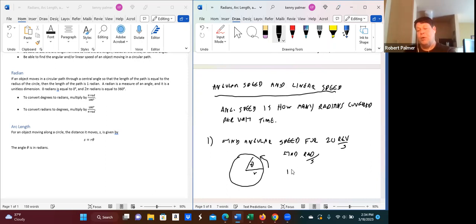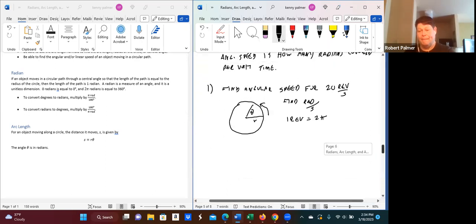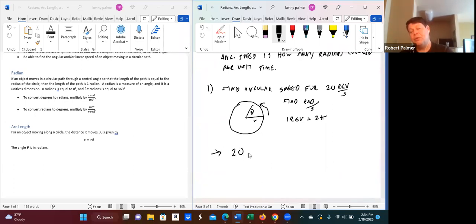Now, one revolution, all the way around, is 2 pi. So that's what we're going to use. So every time the wheel turns around, it's going through 2 pi radians. Now, the way to think about this is also essentially conversion. We have 20 revolutions per second. We want our answer to be in radians per second, correct?